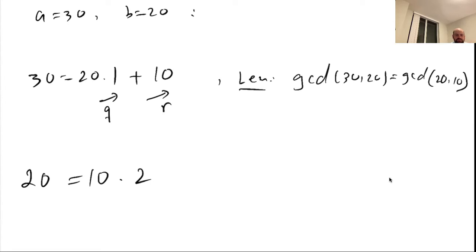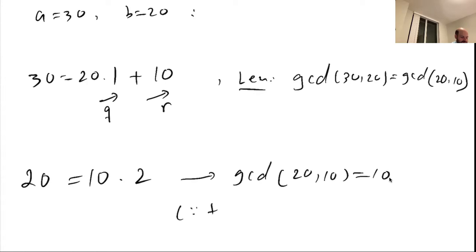If the first number is a multiple of the second number, then the GCD is the second number, right? So that means the GCD of 20 and 10 is equal to 10.